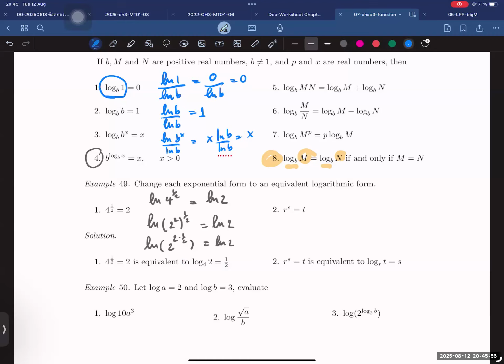So we can have 4 to the 1/2, we take the log, it can be like this. But this one, I don't see the benefit of rewriting this form.